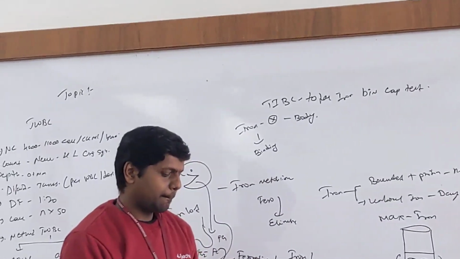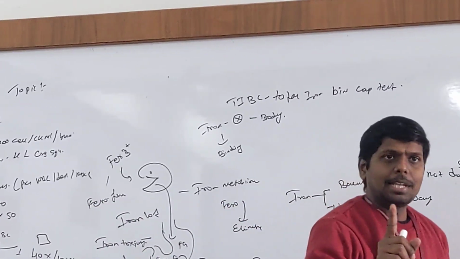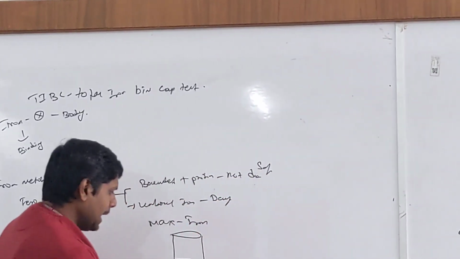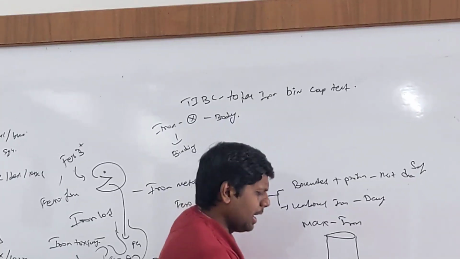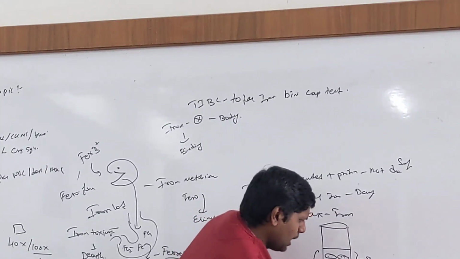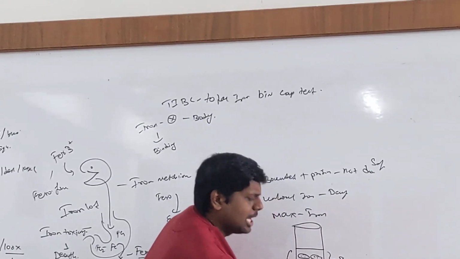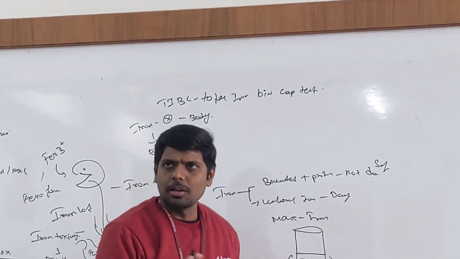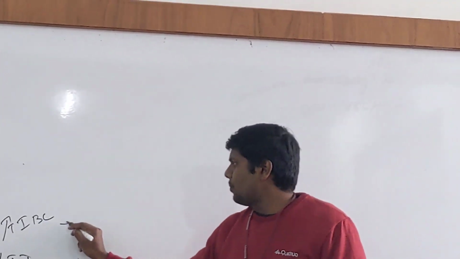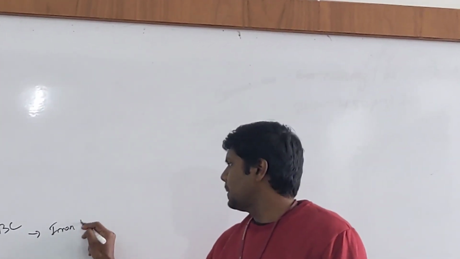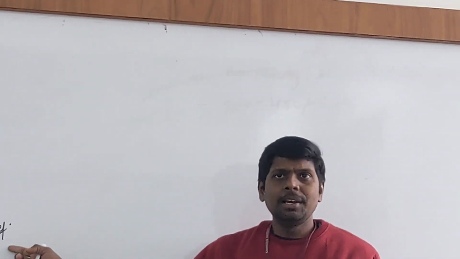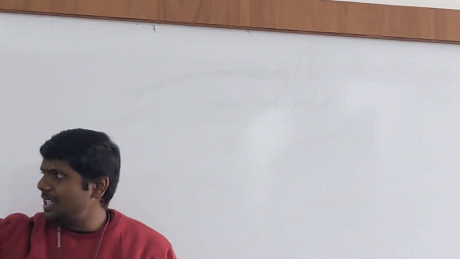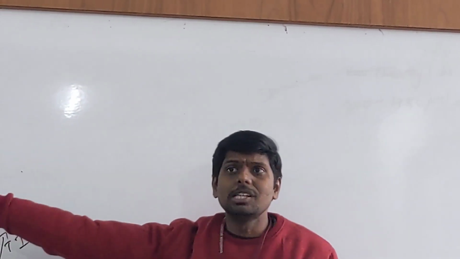TIBC, that means here, this protein is excessive. Okay, listen. Let us focus on this protein, unsaturated protein. TIBC will be increased in case of iron deficiency. During iron deficiency, the iron is less in the body, so the TIBC levels look more.